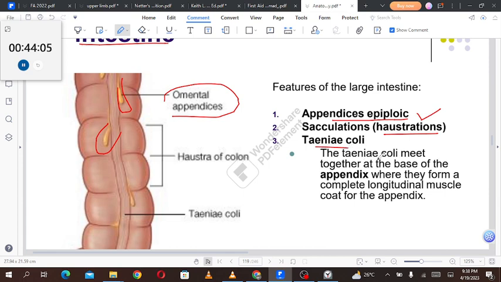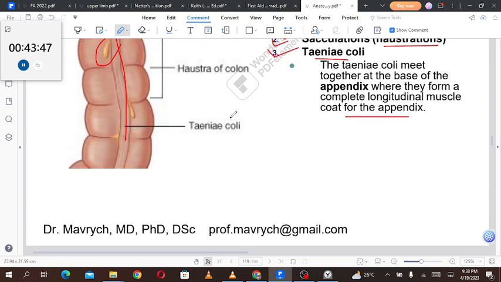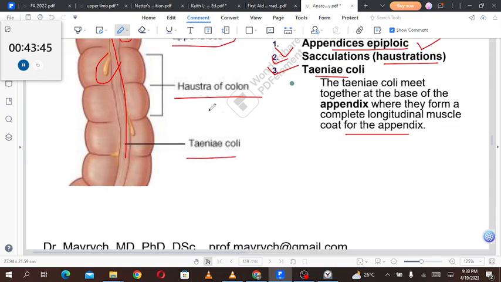The tinea coli meet together at the base of the appendix, where they form a complete longitudinal muscle cord of the appendix. Otherwise there are 3 strands, 1 over there and 2 others. The contraction of these tinea causes the formation of these haustra. So the features are appendices epiploicae, sacculations, which are haustrations, and the tinea coli. Here we have the haustra of the colon and the tinea coli over there.